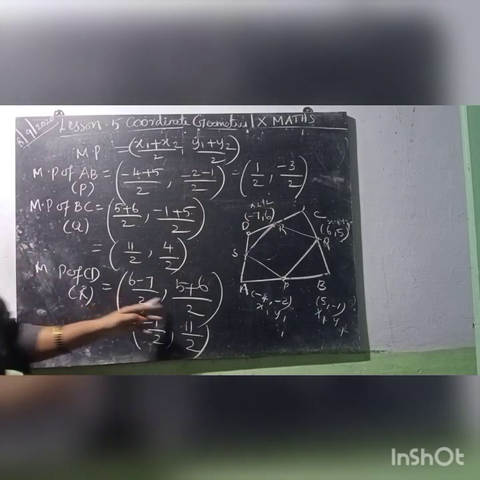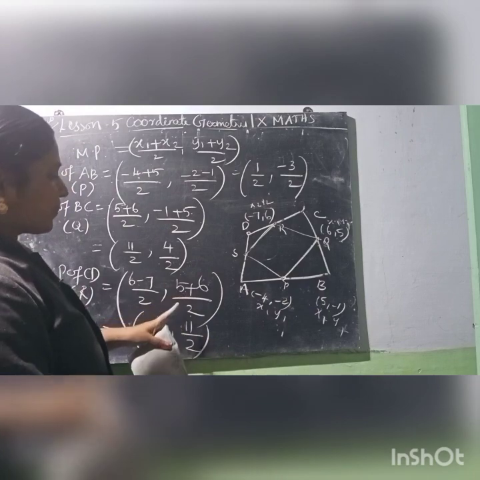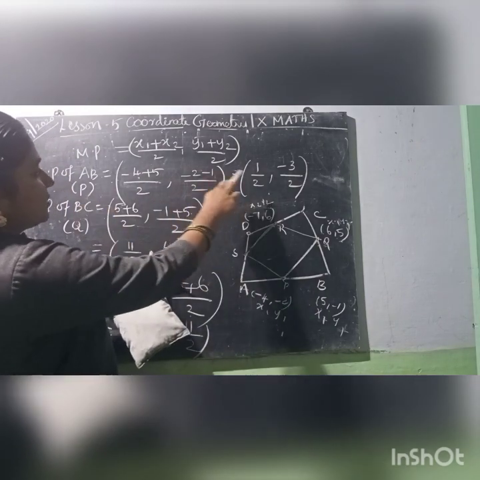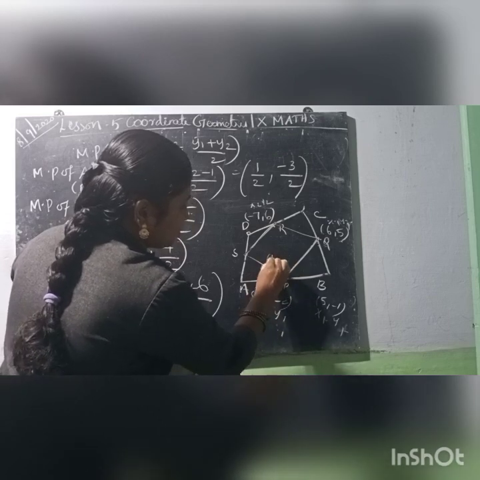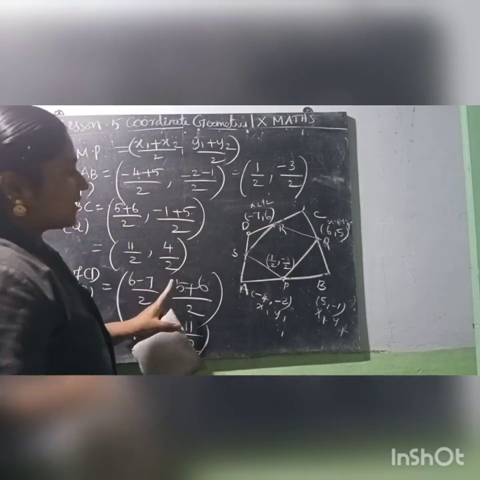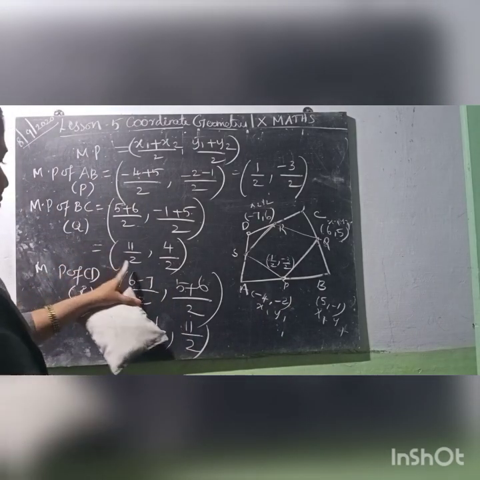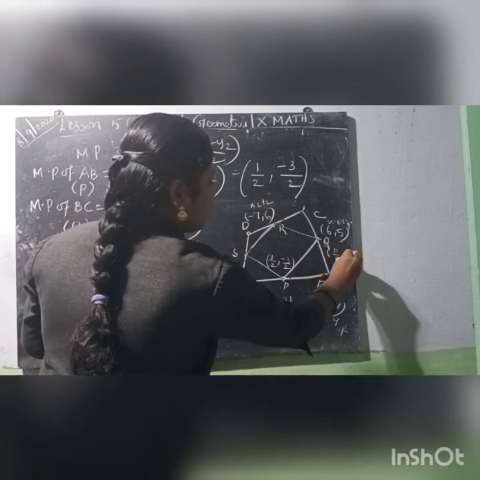Now we want to find the midpoint of AD. First, the midpoint of AB we got is 1 by 2 comma minus 3 by 2. Next the midpoint of BC is Q, that is 11 by 2 comma 4 by 2.